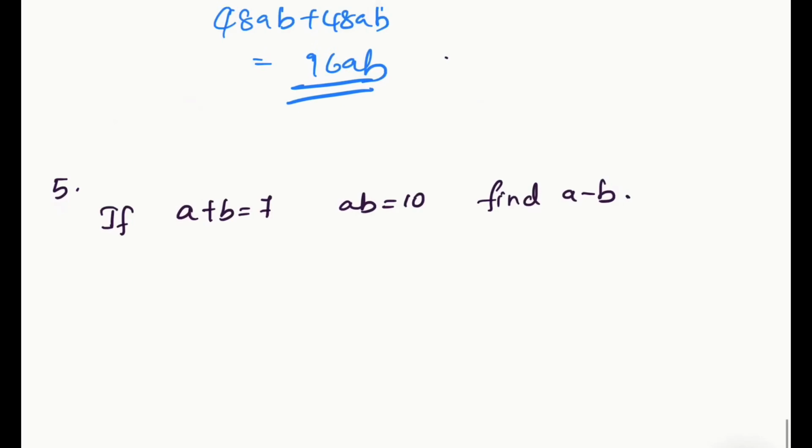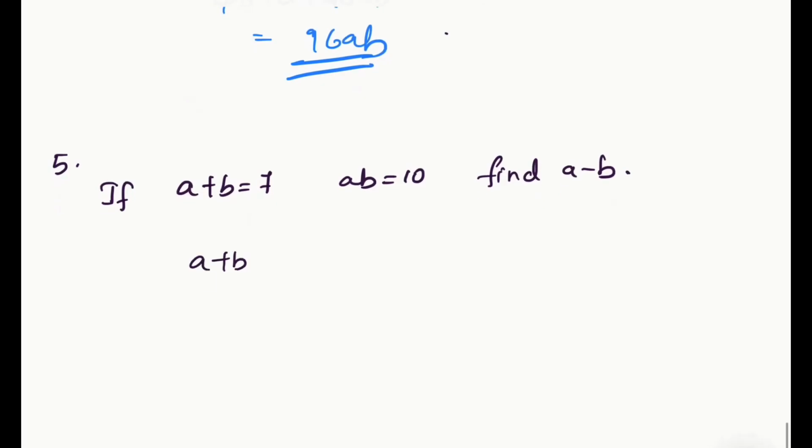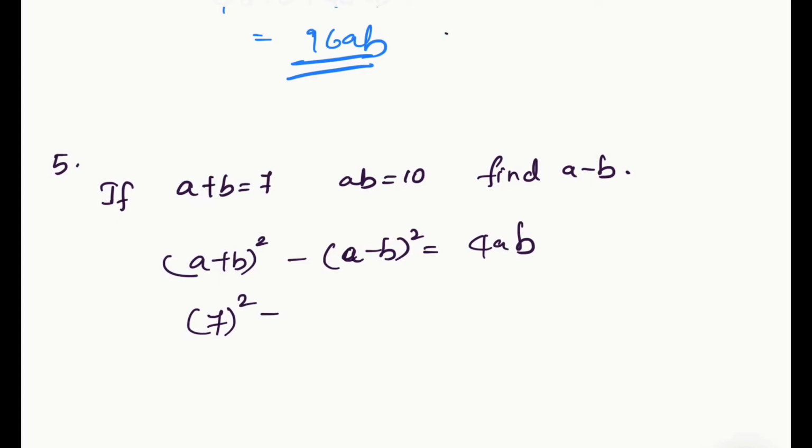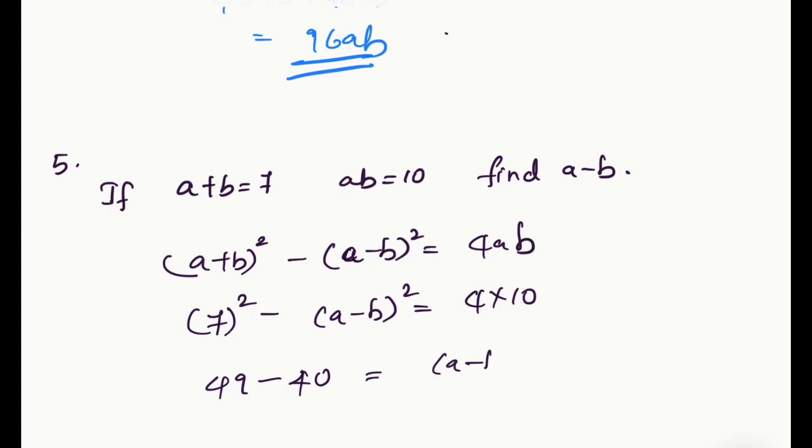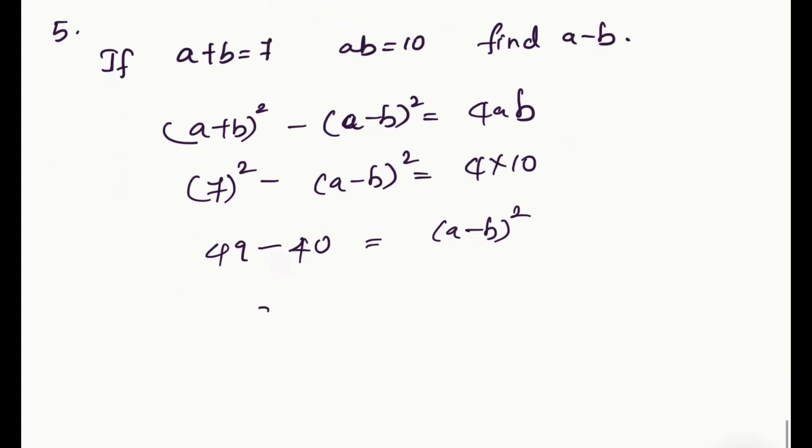You get a plus b the whole square minus a minus b the whole square equal to 4 times ab. A plus b is 7. 7 square minus a minus b the whole square equal to 4 times ab, which is 10. 49 minus 40 equal to a minus b the whole square. So you'll get a minus b the whole square is equal to 9. A minus b is equal to root of 9, that is equal to plus or minus 3.